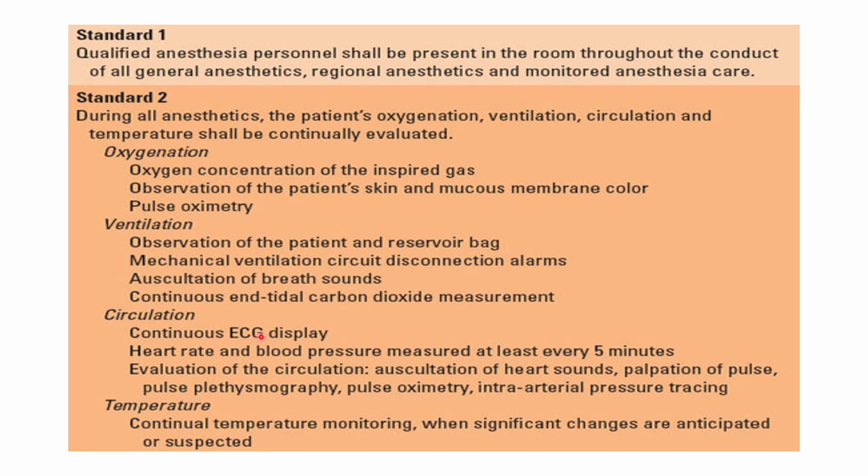Circulation: continuous ECG display, with heart rate and blood pressure measured at least every 5 minutes. This is the standard for every operation. Evaluation of circulation is by auscultation of heart sounds, and palpation of the pulse at the peripheries, like the radial artery, or at central arteries, like the femoral and carotid arteries.